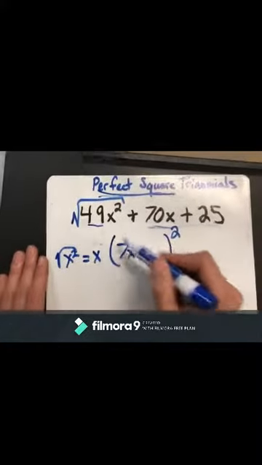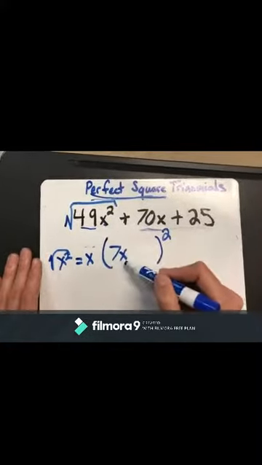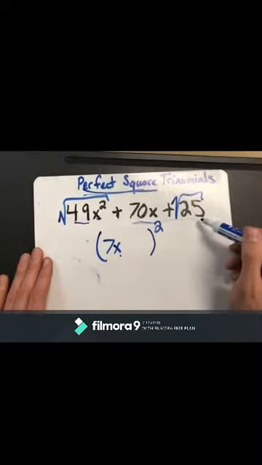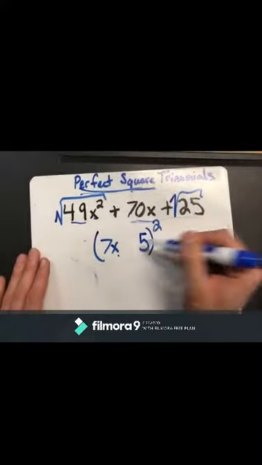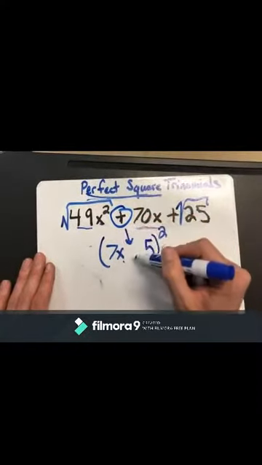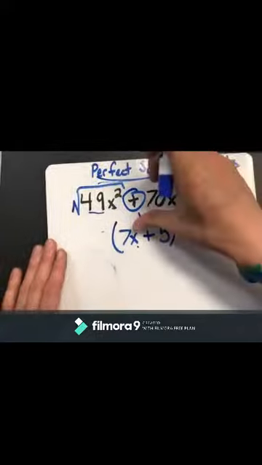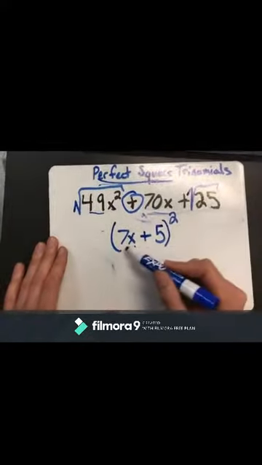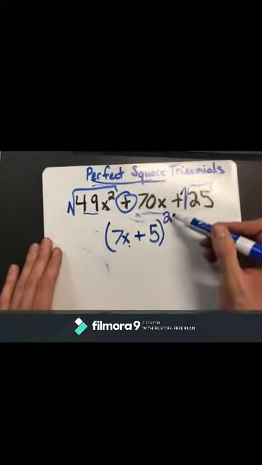So the square root of 49 is 7, and the square root of x squared is x. Then you take the square root of the last term, which is 5, and I put 5 here. In between them, I put the operation I see right here, which is a plus sign. So my factor is going to be 7x plus 5, squared.